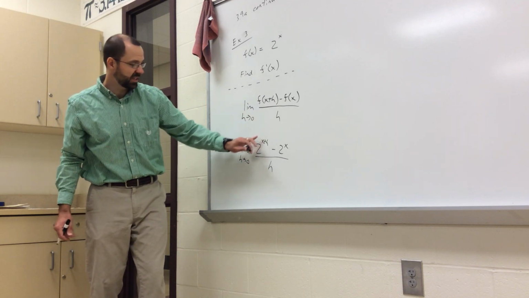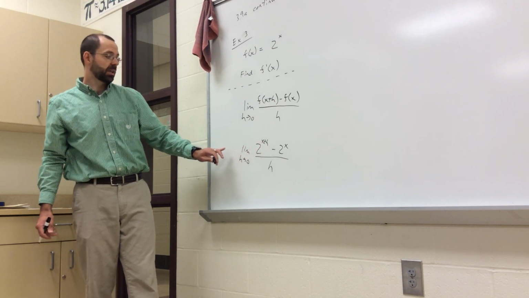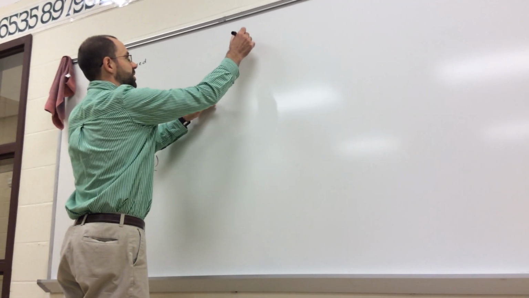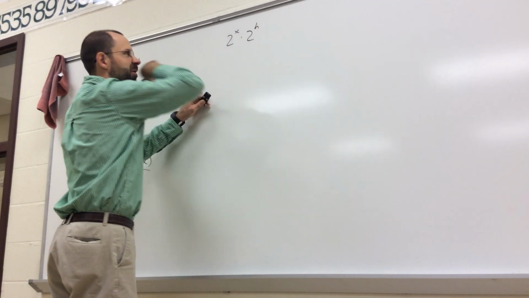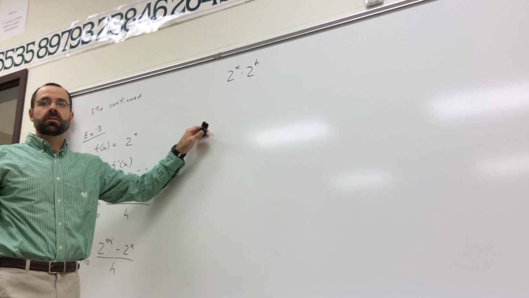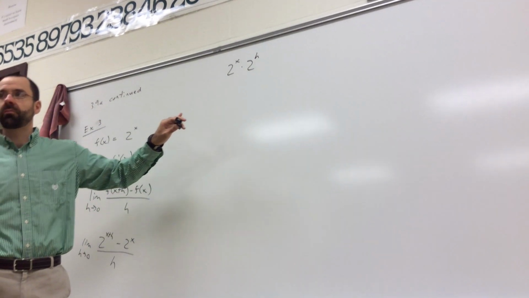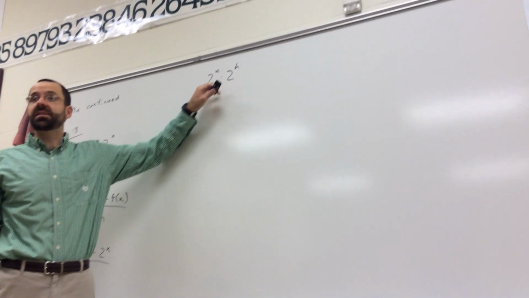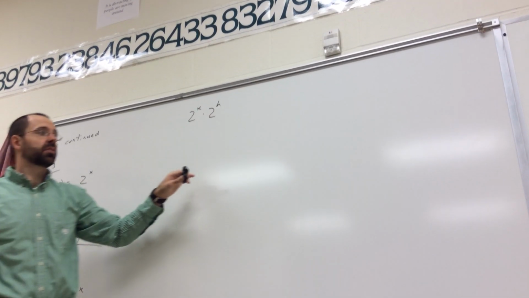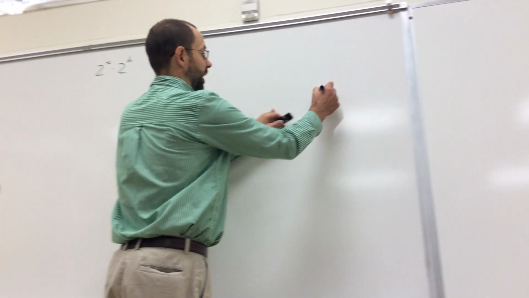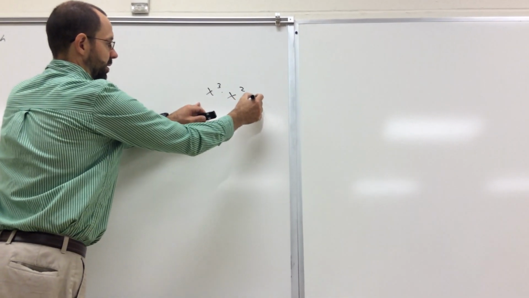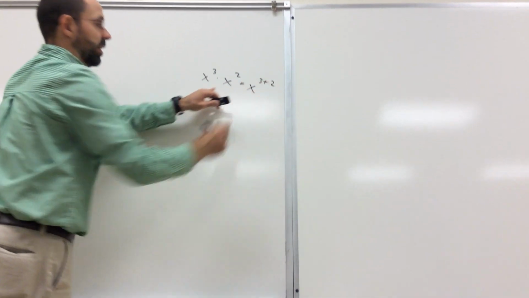Okay, now this piece here, 2 to the x plus h, I'm going to split that up into 2 to the x times 2 to the h. Because when you have a base that's the same, you can add the exponents, right? So for example, if you had x cubed times x squared, that would be x to the 3 plus 2, right?